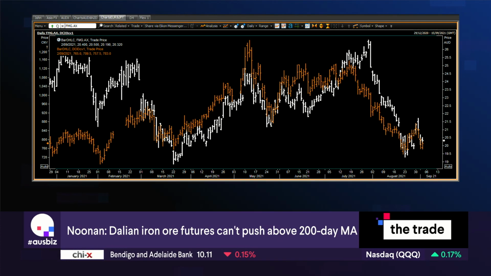Now, what we have here on this chart that's up on the screen now is an overlay of Fortescue, which is in white, and the Dalian iron ore, which is in burnt orange. So yeah, there are some leads and lags, but you can see the correlation, where they peak, where they fall, where they bottom, where they go back up again, pretty closely correlated.